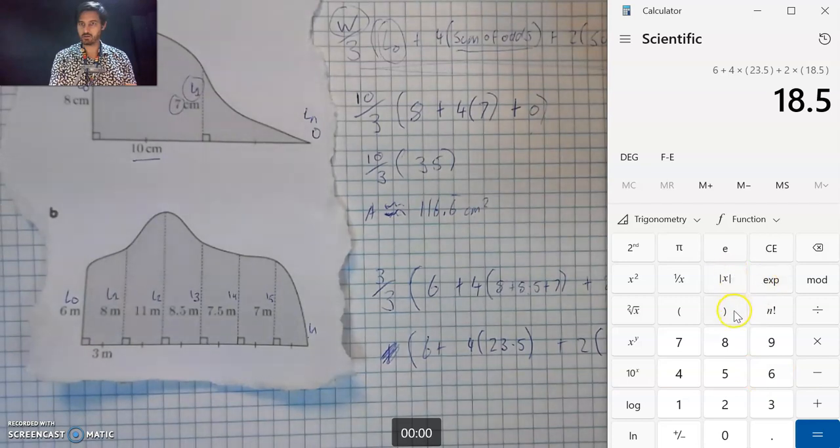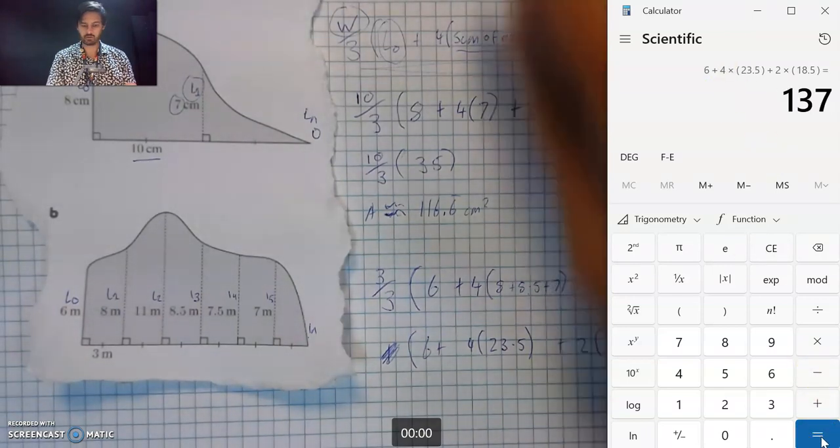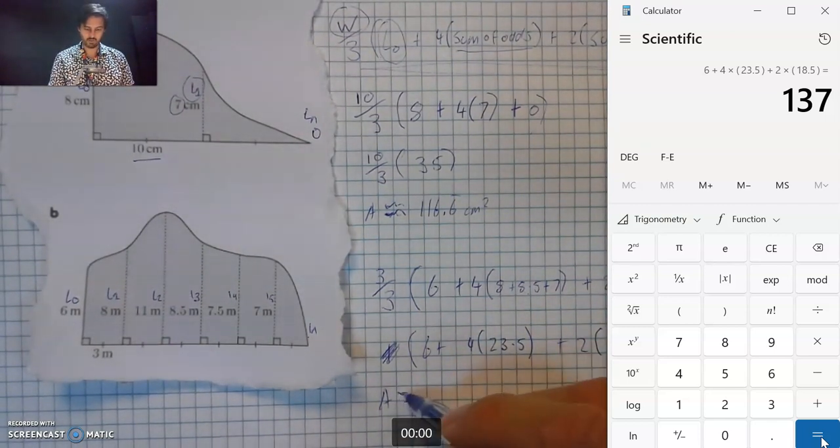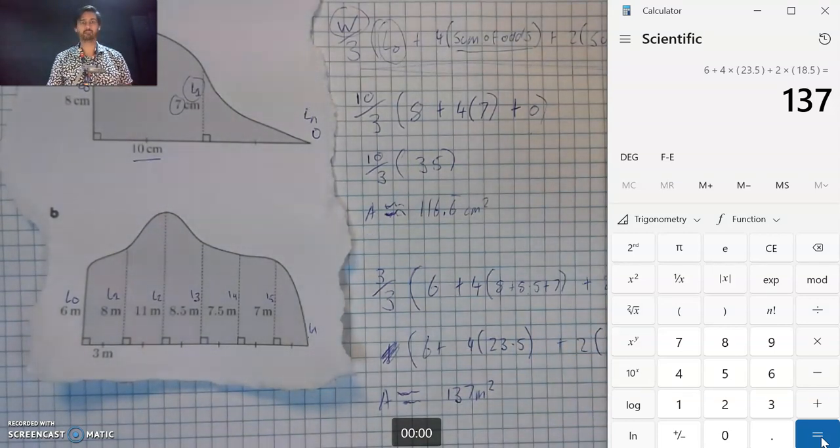And then we need that as well, I think. Yep. Okay. We're going to get 137. So the area approximately, we always forget to do that, area approximately equals 137 meters squared.